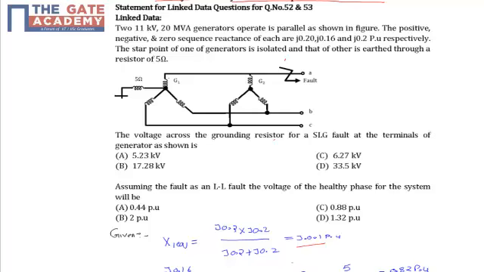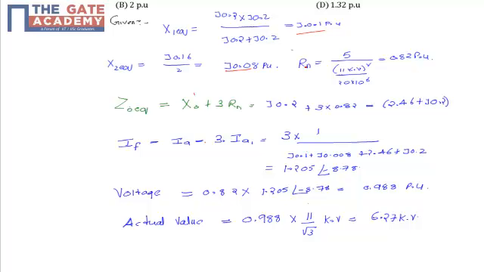The earthing resistance is given as 5 ohms. So the value of resistance Rn is equal to 5 divided by base kV whole square divided by base MVA. Base kV is 11 kV and base MVA is 20 MVA, that is 10 power 6. After solving, we get Rn as 0.82 per unit.